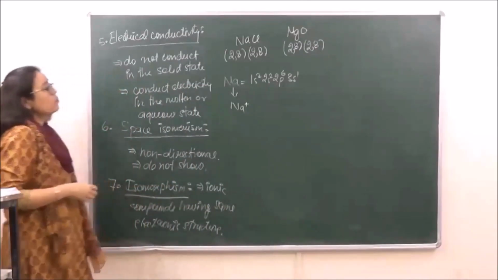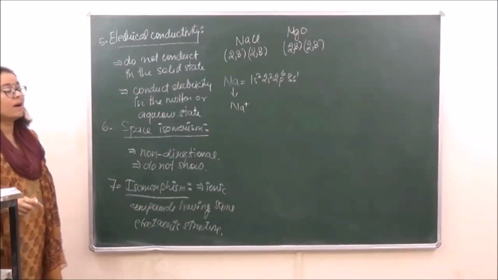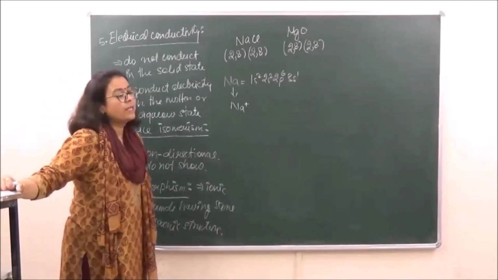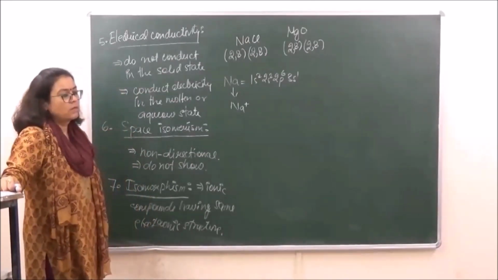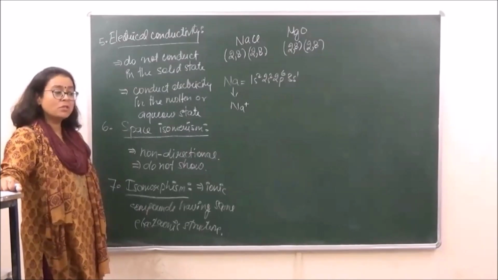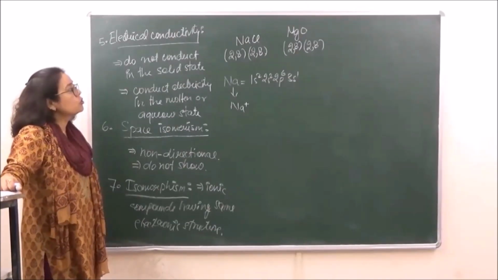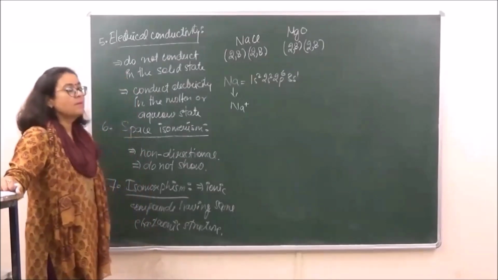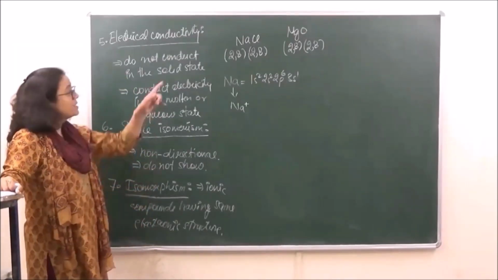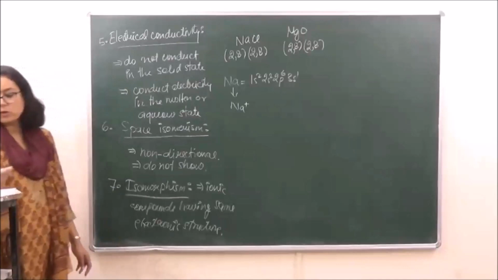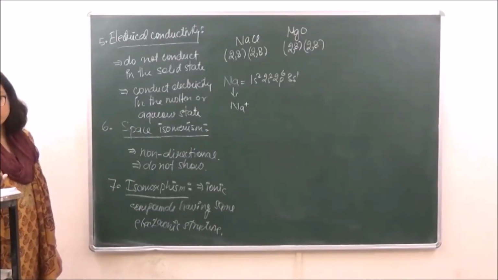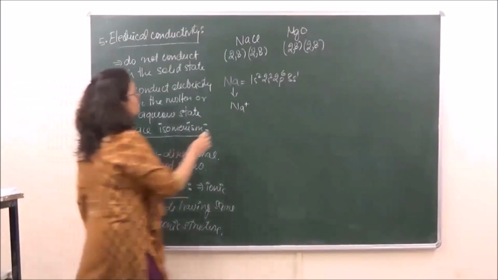So both the compounds are sharing the same electronic structure. Therefore, they are isomorphs, which means they will have the same crystalline structure. All those which have the same electronic structure will have the same crystalline structure. So NaCl and MgO are isomorphs of each other. Have you understood?